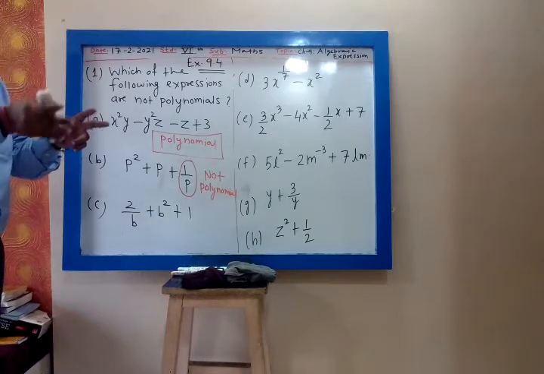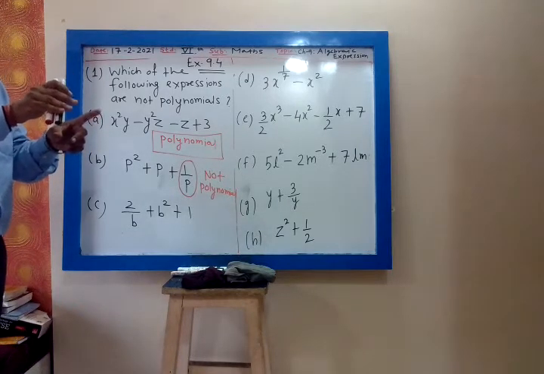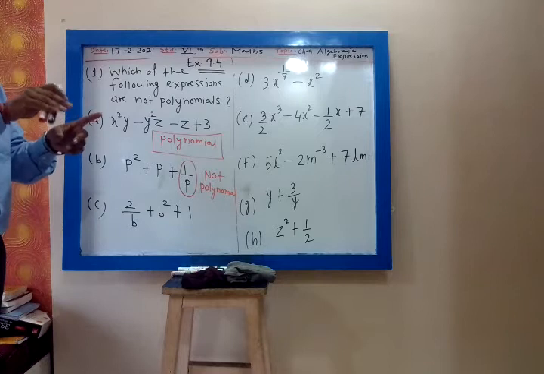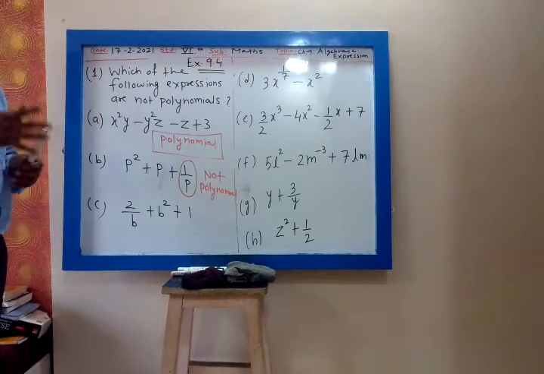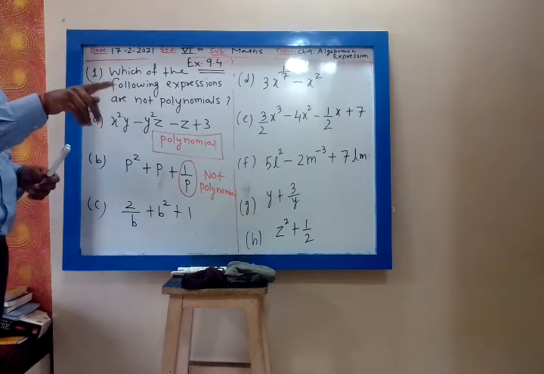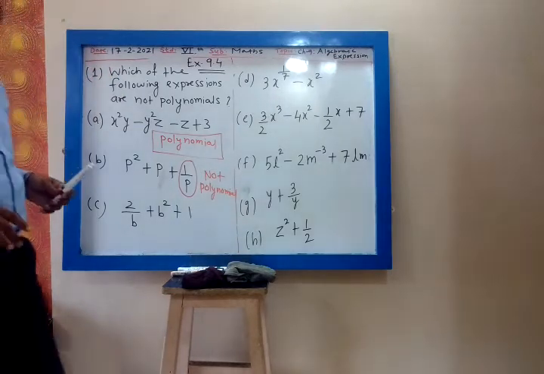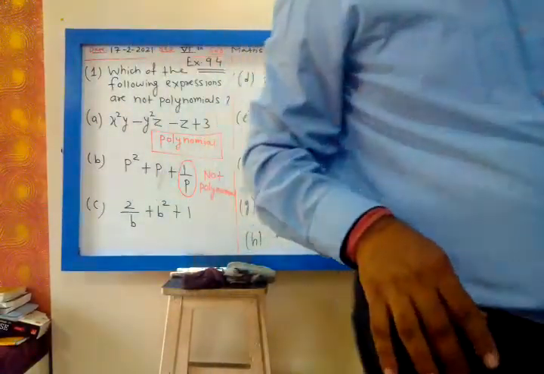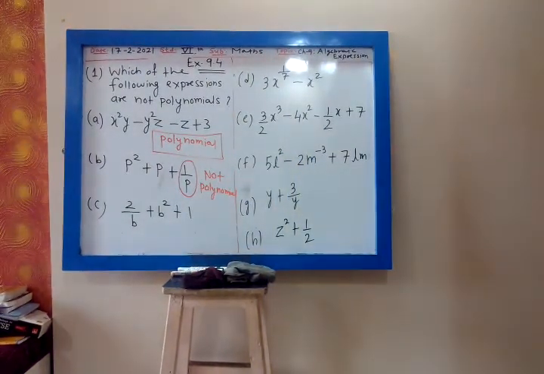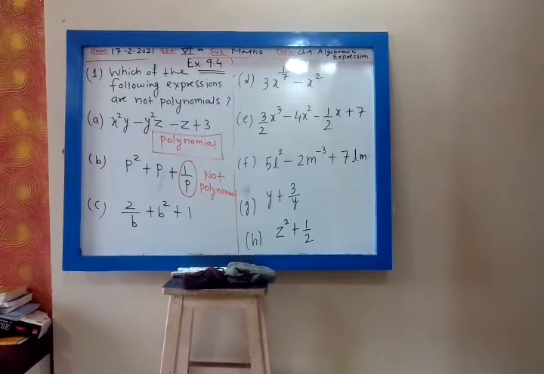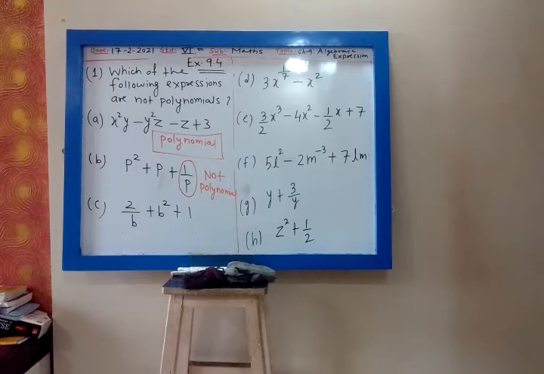So the second one is not a polynomial because you have 1 upon p, the variable is in the denominator. You circle it.